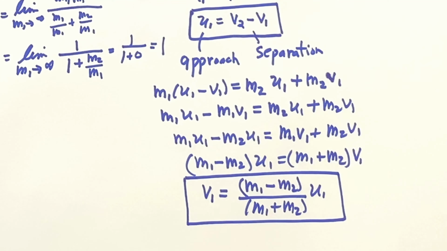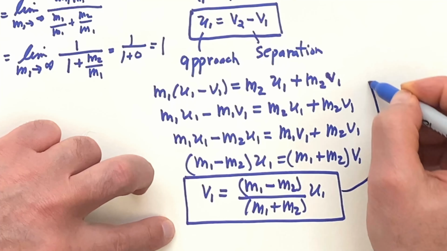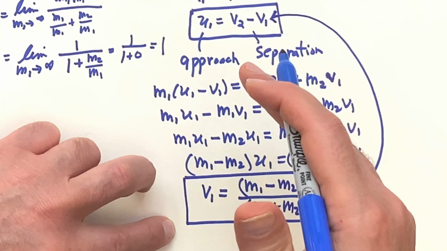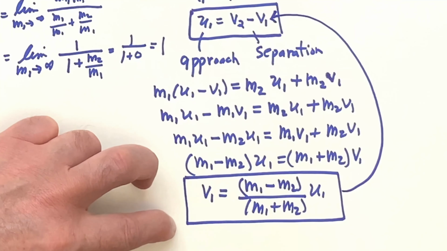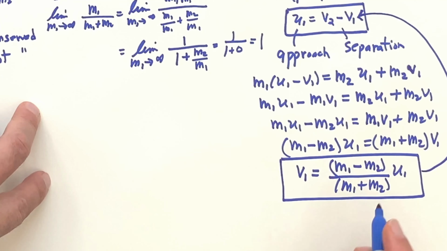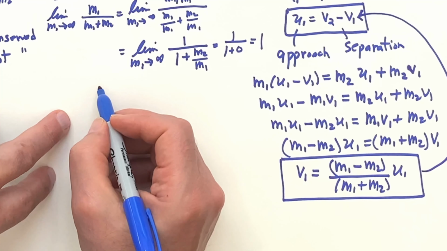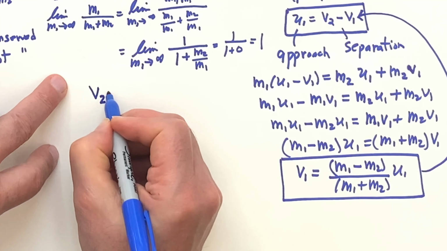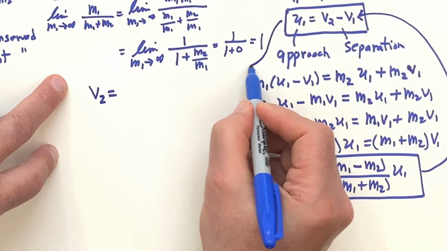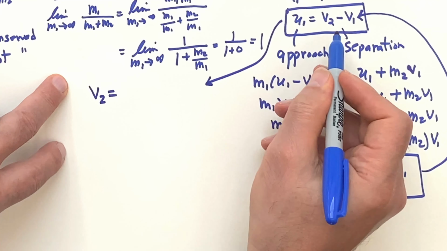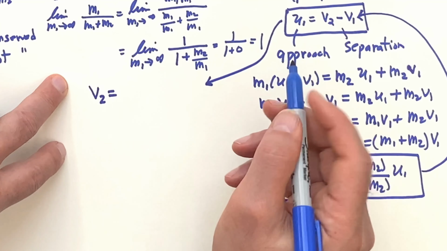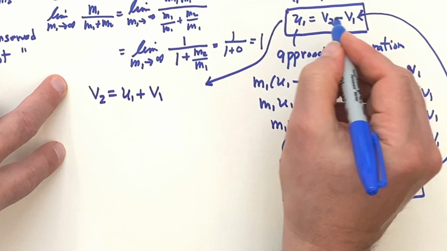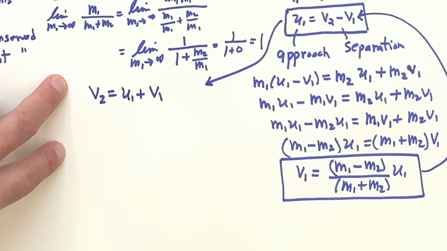So we would like to then use this equation in here, which is a very simple equation that has the v2 in it, so we can see what the v2 is. If we do that, looking at this equation here, v2 is going to be u1 plus v1, by simply bringing the v1 to the left-hand side of the equation there.